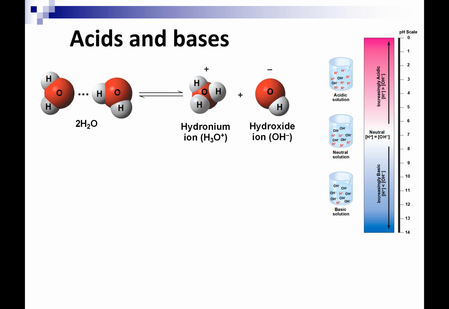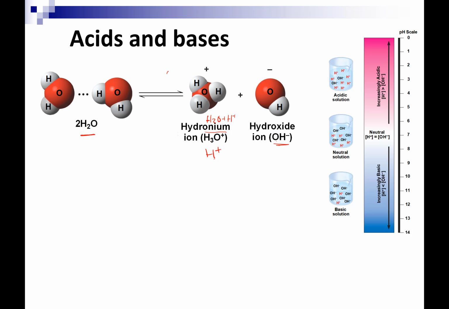So, acids and bases. Water naturally breaks down into what we call a hydrogen ion, or more stably a hydronium ion, which is just water plus a hydrogen ion, and a hydroxide ion, right? So there's H2O. That's water.